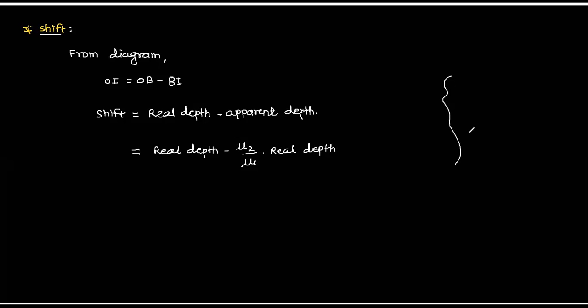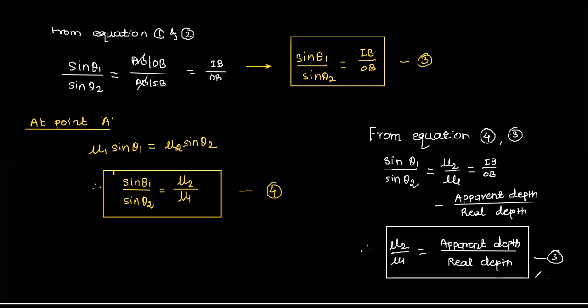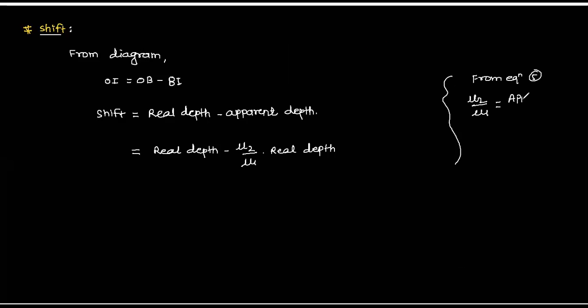From equation 5, mu2 by mu1 is equal to apparent depth divided by real depth. So therefore, apparent depth is equal to mu2 by mu1 into real depth. Like this you will get. Is that clear?